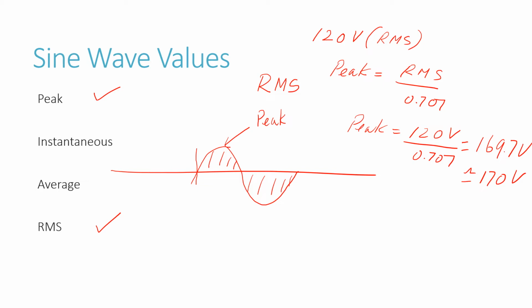But if you look at the sine wave, if it's drawn symmetrically, my drawing is poor, so you can't see it here, but these positive values will be equal to the negative values. So if positive values are the same and negative values are the same, they add to 0.